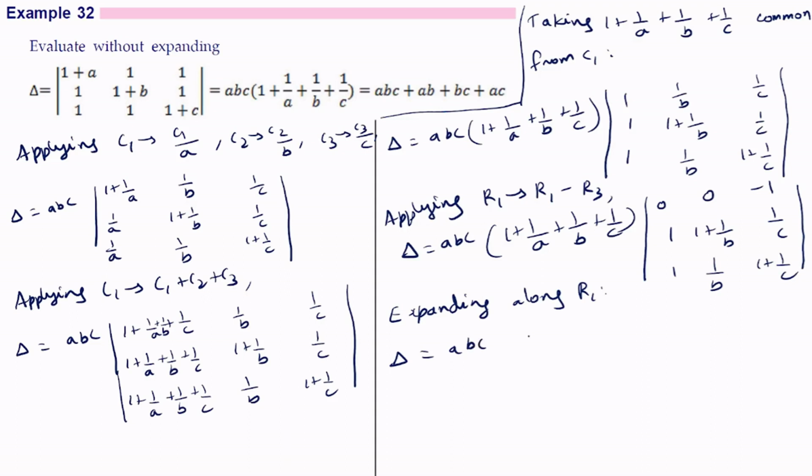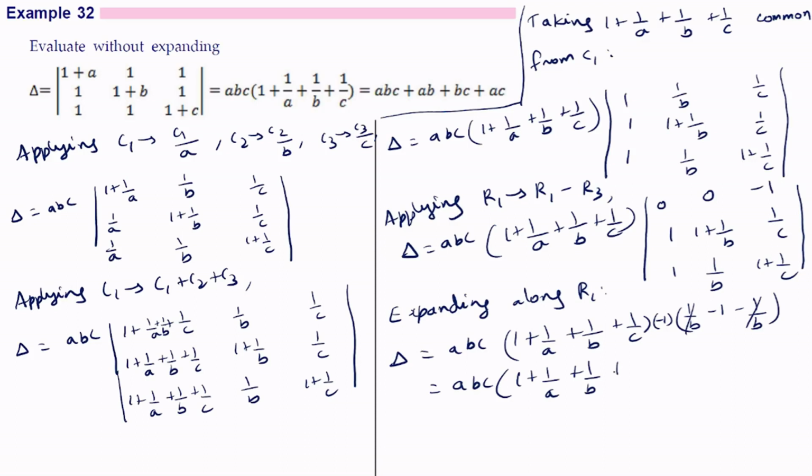Delta becomes ABC into 1 plus 1 by A plus 1 by B plus 1 by C into minus 1 into minus 1, which is plus 1. So the value of this determinant is equal to ABC into this expression. This is what we have.